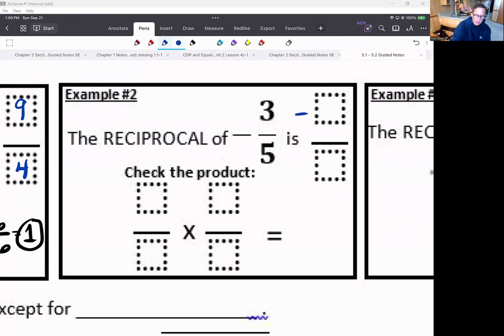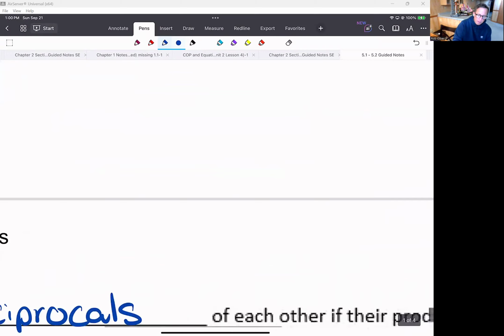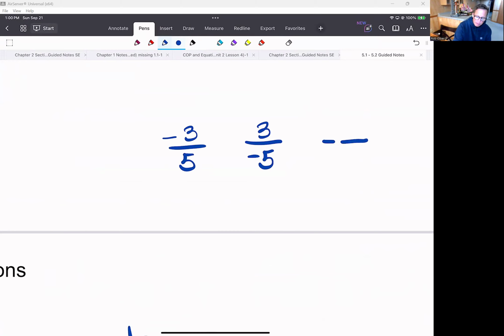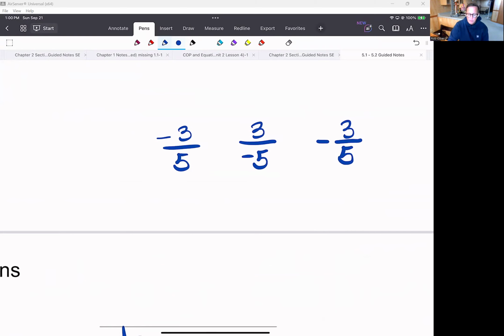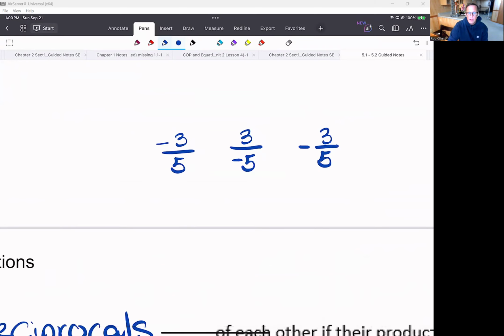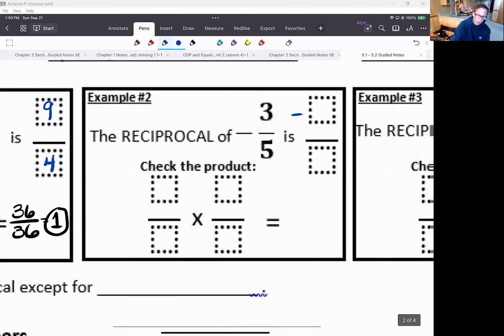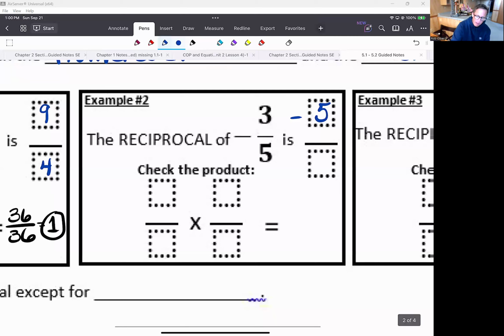If you have negative three-fifths, you could have -3 over 5, or 3 over -5, or you can have the negative in line with the division line, the fraction bar. It doesn't matter, it can be any one of those three.